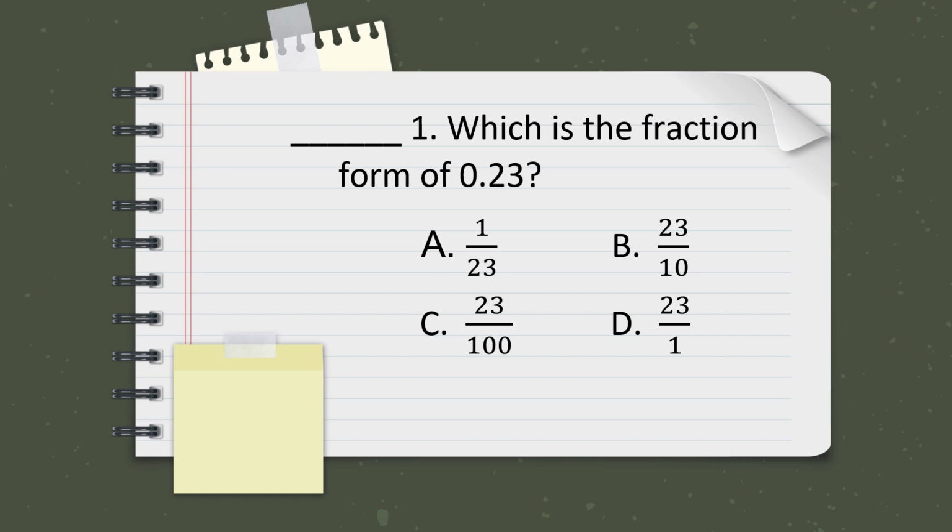Number 1. Which is the fraction form of 0.23? A. 1 over 23. B. 23 over 10. C. 23 over 100. D. 23 over 1.